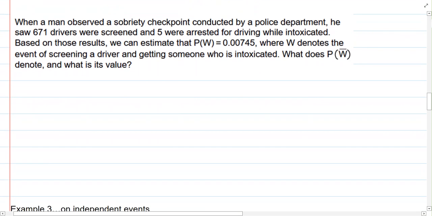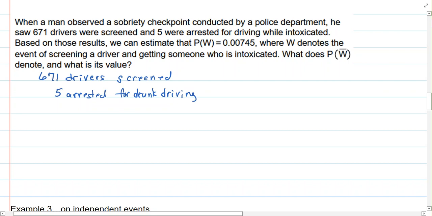All right. When a man observed a sobriety checkpoint conducted by the police department, he saw 671 drivers were screened and 5 were arrested for drunk driving, or driving under the influence.